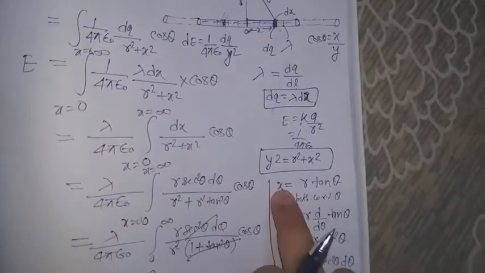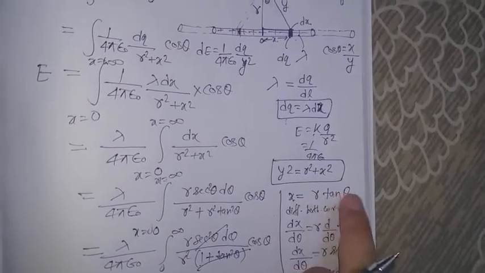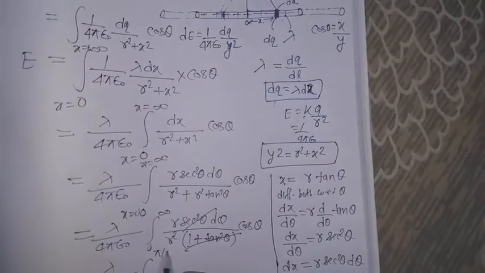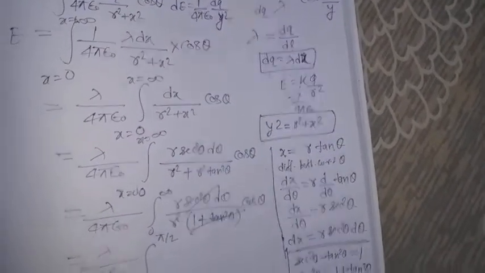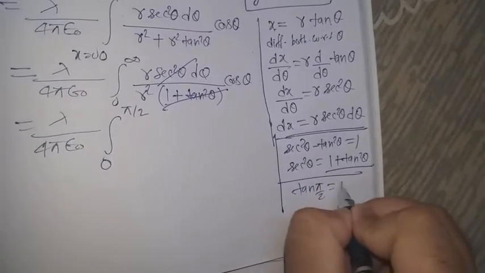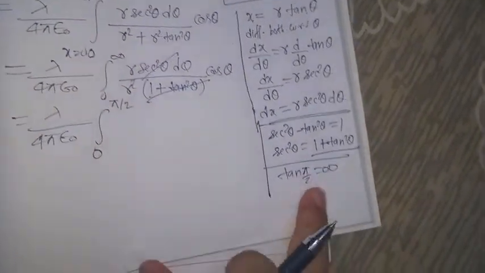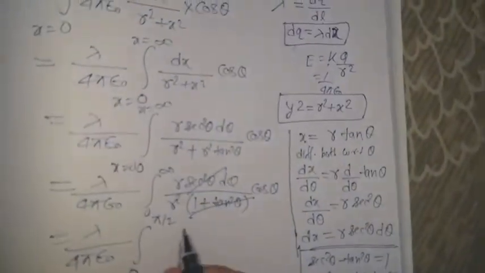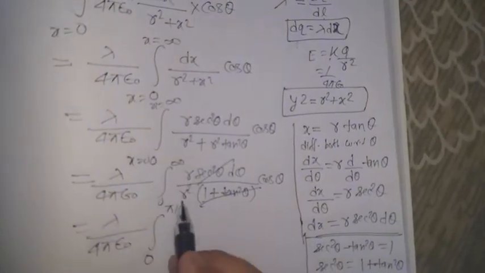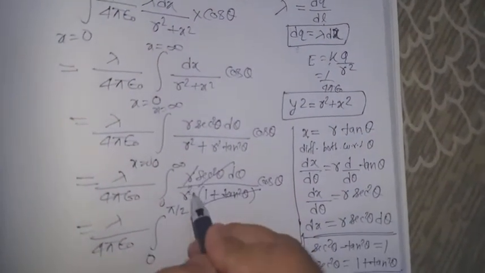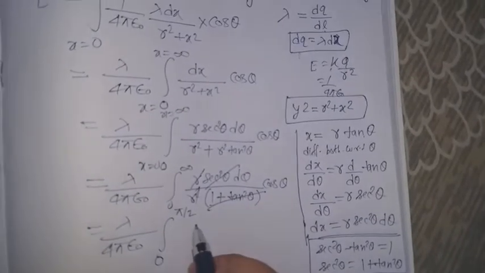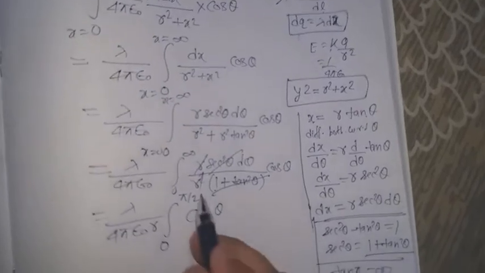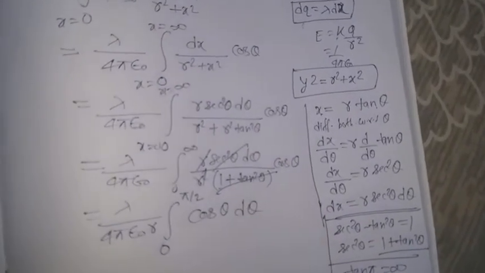When x is infinity, then tan theta becomes infinity, and then theta becomes pi by 2, because tan pi by 2, tan 90, equals infinity. You have learned this in class 10th. So in this way we can change the limit. Now r square, one r will cancel out, so this becomes cos theta, and r will come outside, cos theta d theta.